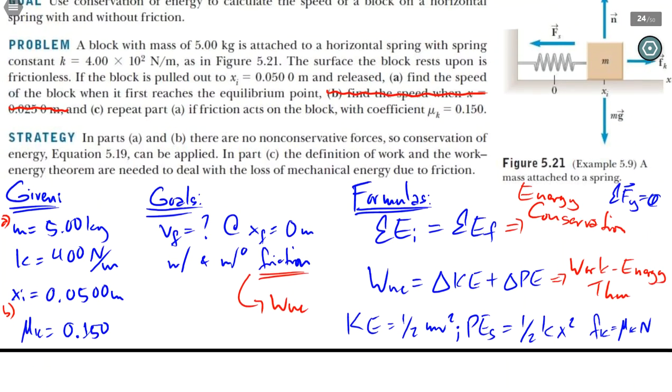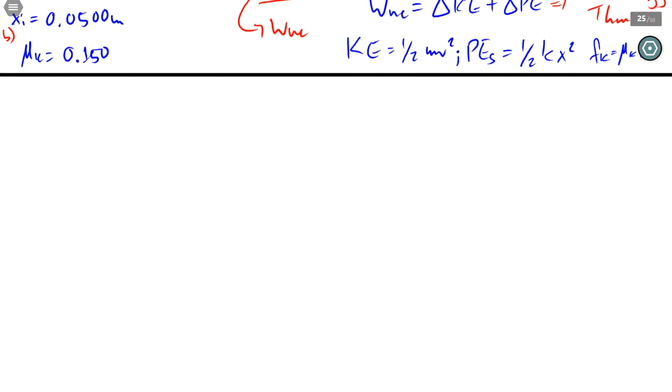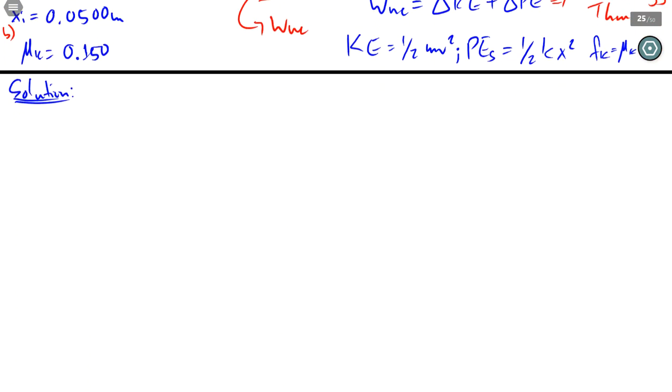Excellent. So how does that all come together now that we have the ingredients? It's almost like a recipe. Please forgive me, I was just watching a cooking show earlier. So let's see where we can start. Obviously, we're going to start with A, the frictionless example, and we are going to start with the law of conservation of energy.